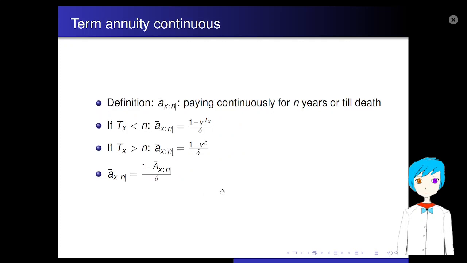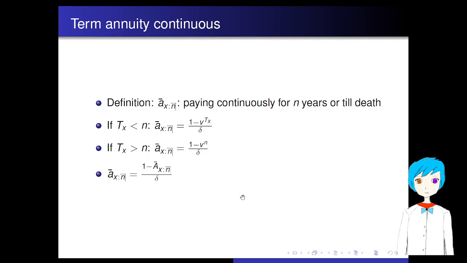For term annuity, we also have the continuous version. The definition is small a-bar from x to n. It means paying continuously for n years or till death. So if the expected remaining life T_x is smaller than n, then small a-bar_x:n will be 1 minus v, the discount factor, to the power T_x over delta.